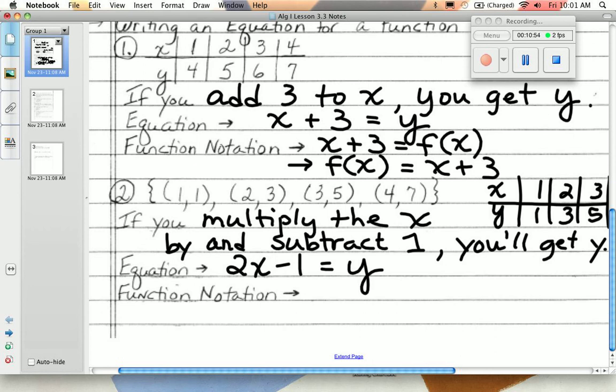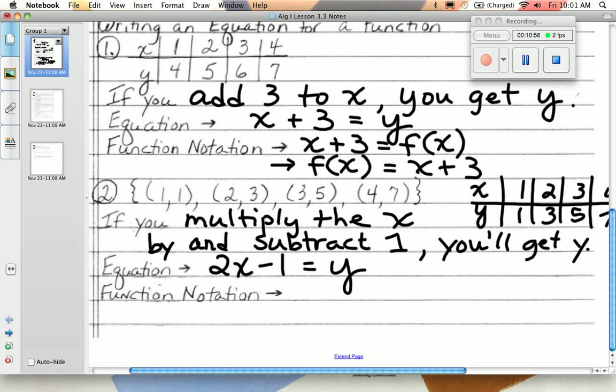Okay. Is our set of ordered pairs a function? Okay, so if it's a function, we can write it in function notation. So what does function notation look like for this one? 2x take away 1 equals f of x. Y just gets replaced with f of x.